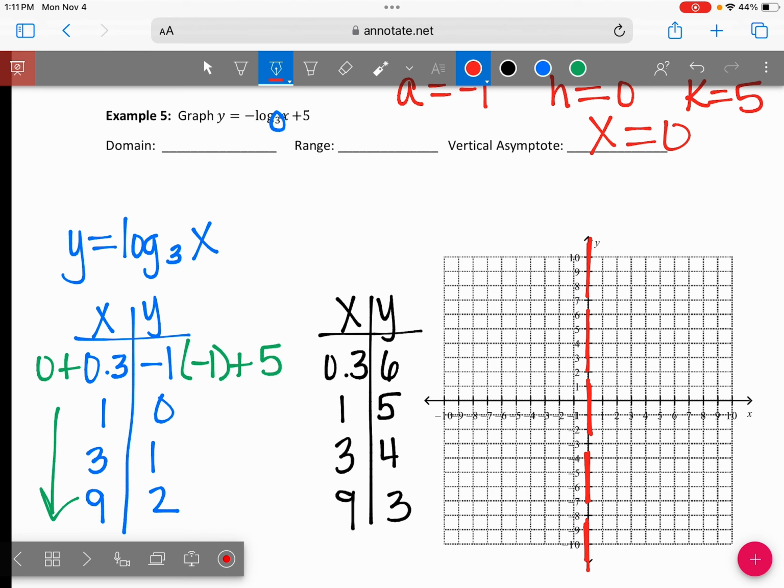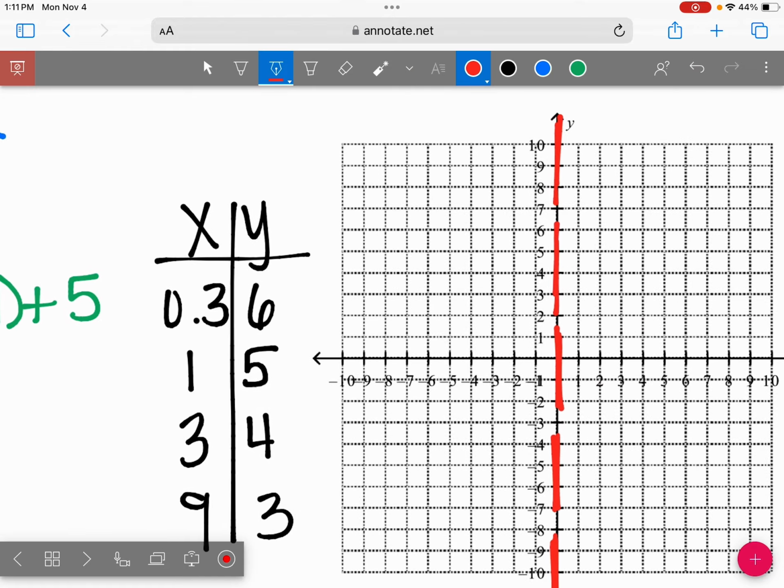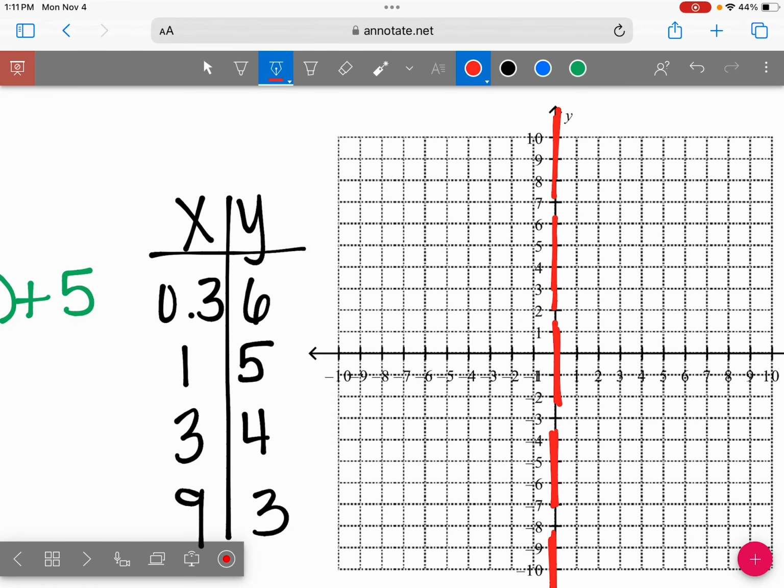So this is what my table looked like. And I really don't do that first point because my stylus is kind of thick. It doesn't let me really write small. So I just start off with the whole number.